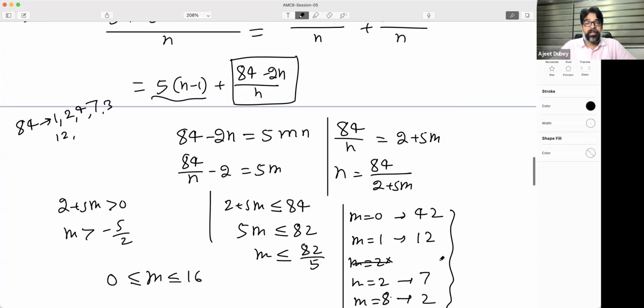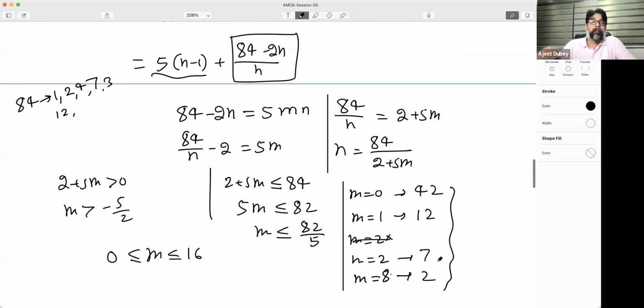Any easy method anybody can tell? This is, you can say, a pure manual method. I just check up to 8 and after 8 I ignore other values because I know they will not satisfy. After m equal to 8, other values will not satisfy, I think.